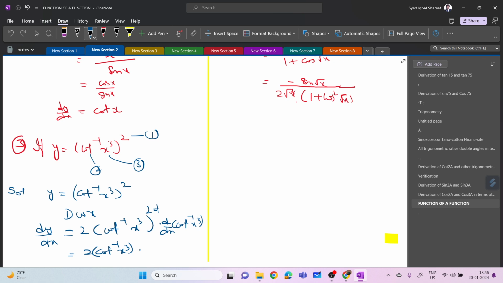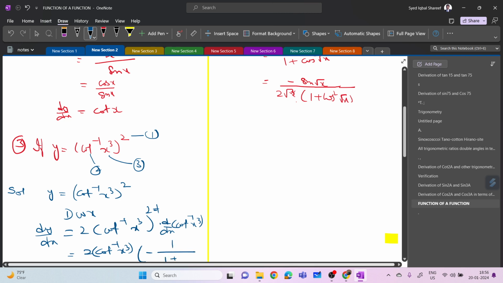Now derivative of cot inverse x is minus 1 by 1 plus x square. What is your x? X is already x cube, squared. Then d by dx of x cube.